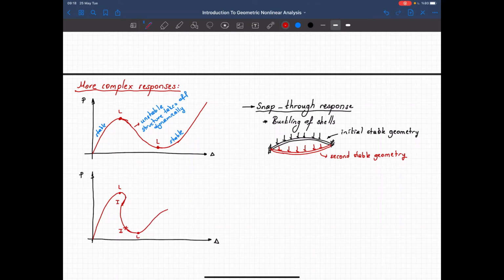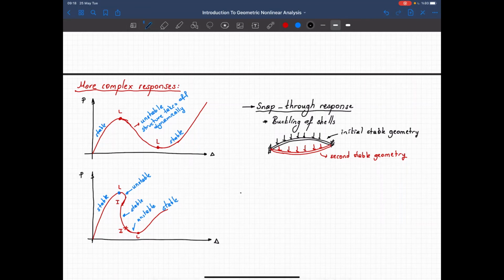Okay, so basically up to the limit point we have a stable structure. Between the limit and the inflection point we have an unstable structure. Between two inflection points, again stable, it continues to carry the loading. Now it becomes unstable again, and finally it finds a stable deformed geometry.